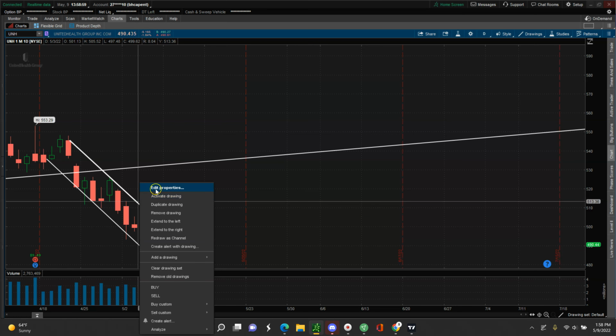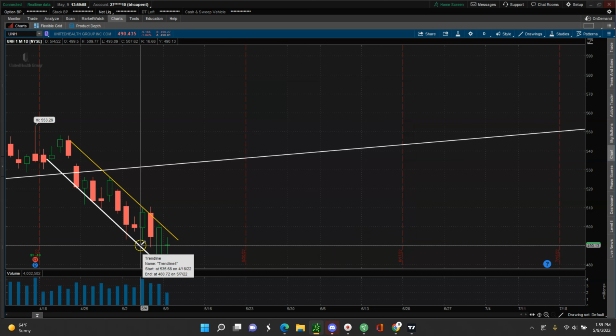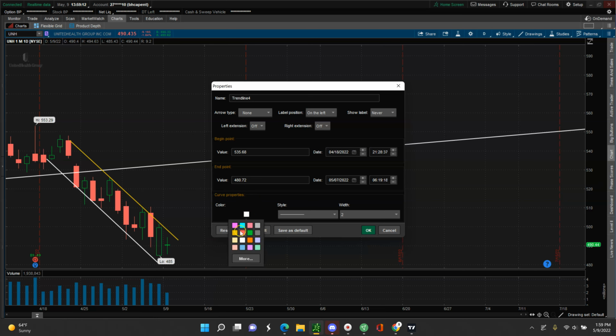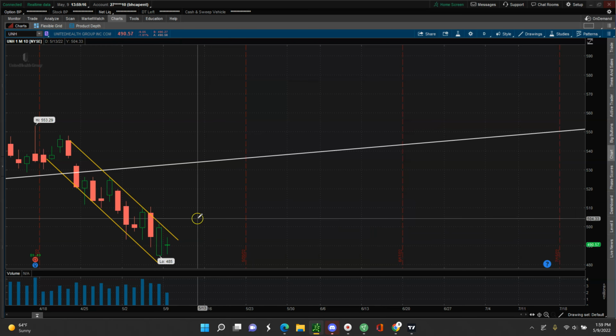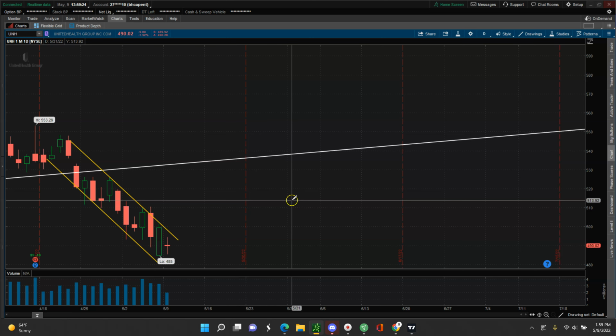I'm going to make this a different color because I like to color code my trend lines, again, as I've stated in multiple videos. All right, so that's the trend on the daily chart, bearish. But let's talk about how to tell when the trend may be changing. So you don't know that the trend has changed until you get confirmation, first of all.